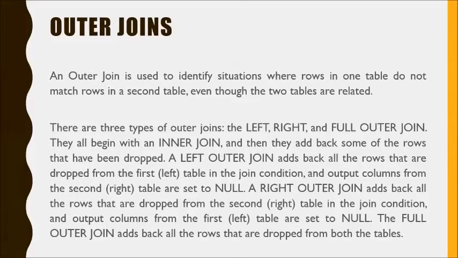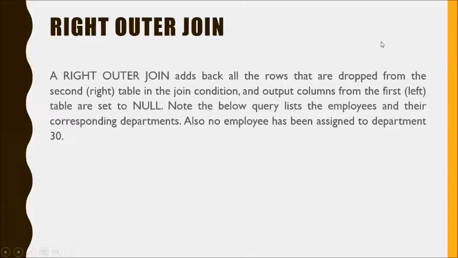The full outer join adds back all the rows that are dropped from both tables.